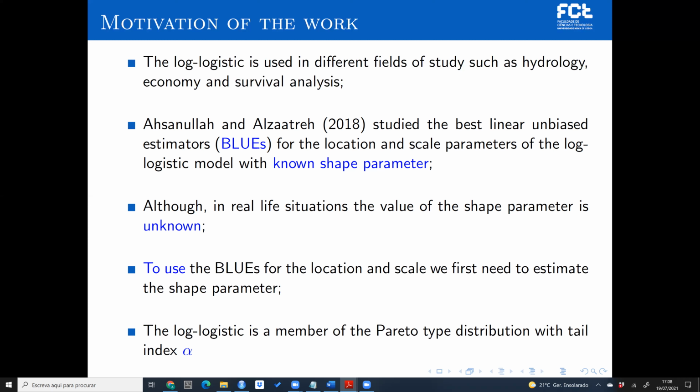The most popular estimator for this tail index alpha is the Hill estimator. So, the estimator that we are going to use in this work is a modification of the Hill estimator in order to make it both shift and scale invariant as follows.